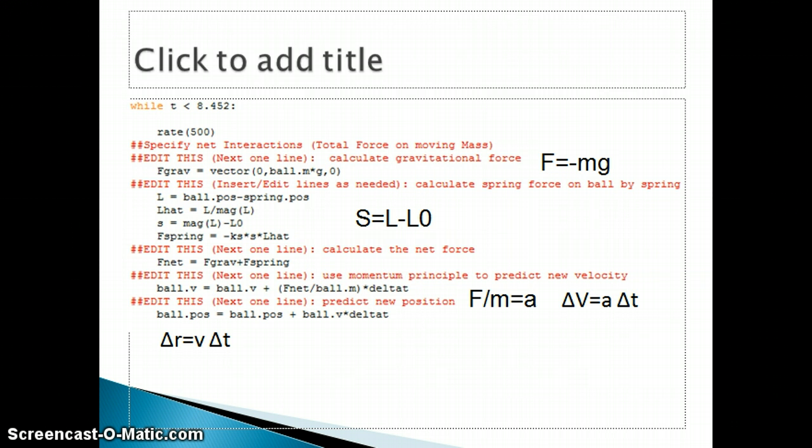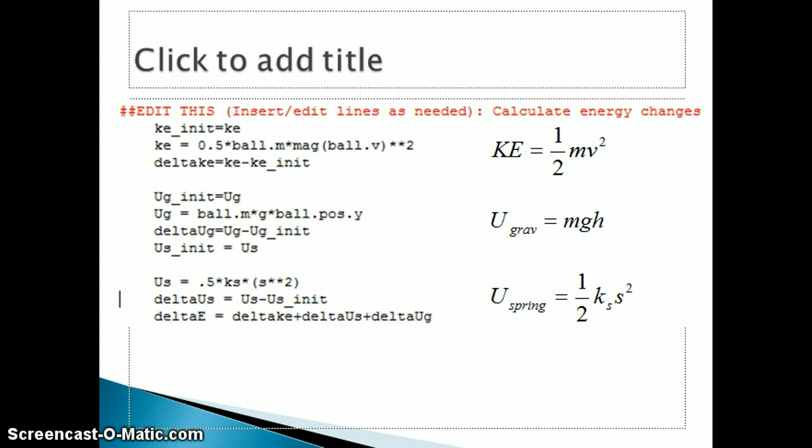Also, for each time step, we want to calculate the different energies present in the system. So we first store their initial values, because we're going to need that for finding the difference, and then apply their respective formulas.